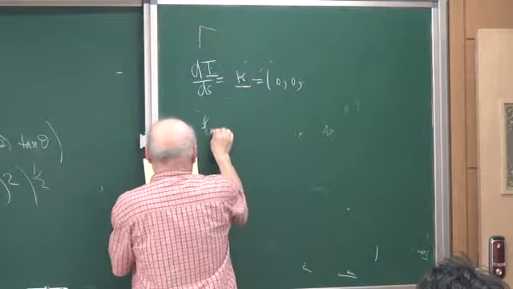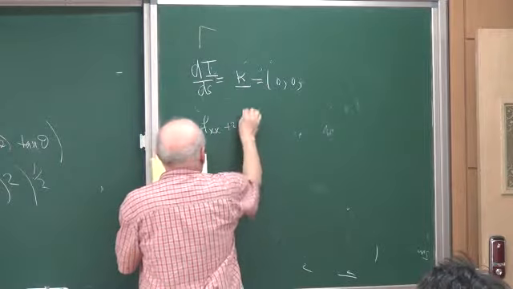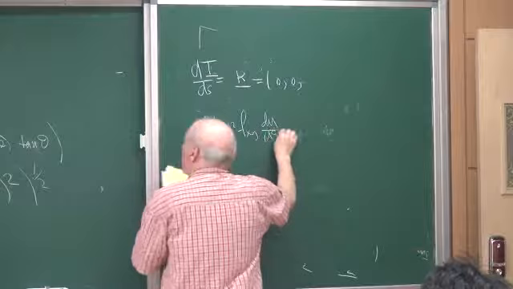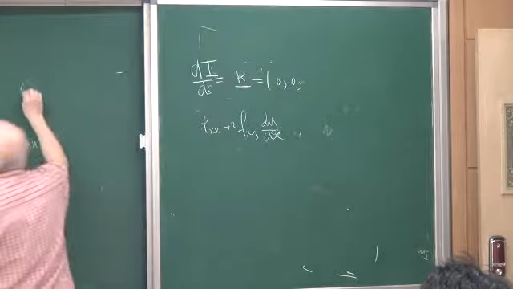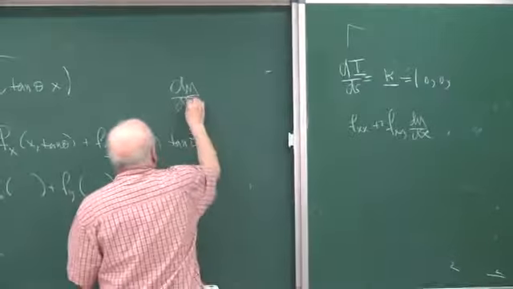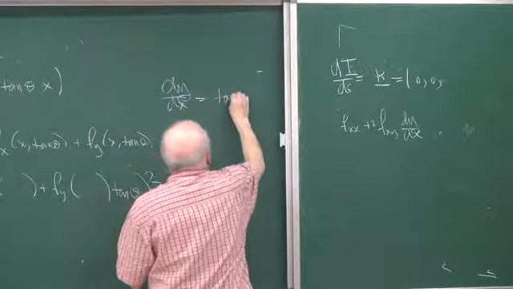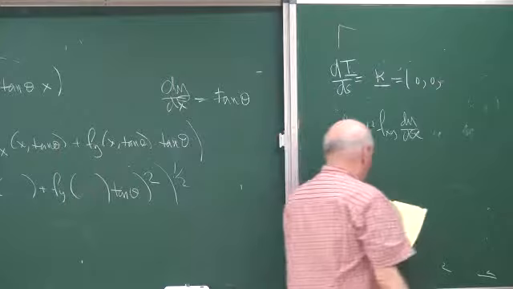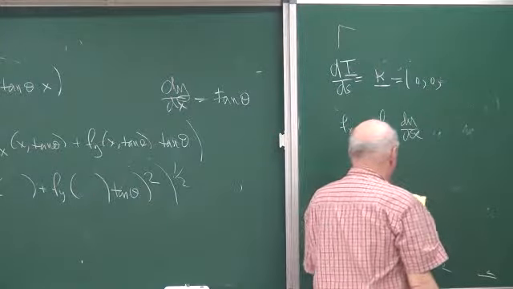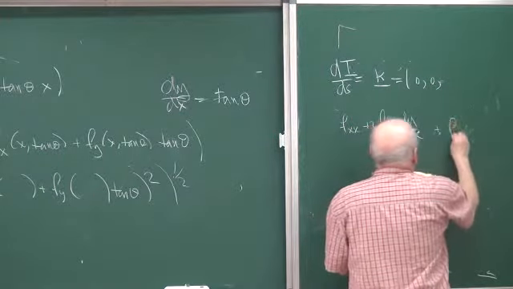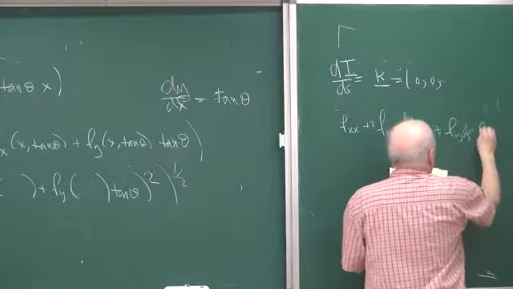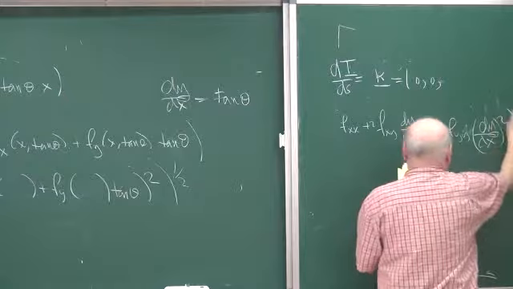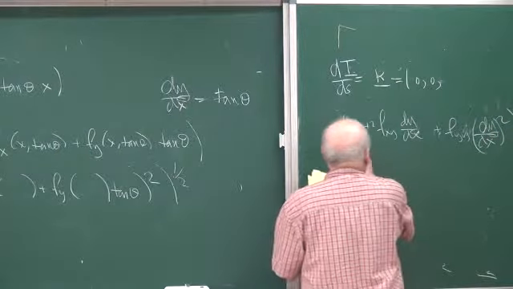It's f sub xx plus 2 f sub xy dy dx. Remember, dy dx is just tangent theta. Plus f sub yy dy dx squared, all divided by secant squared theta.